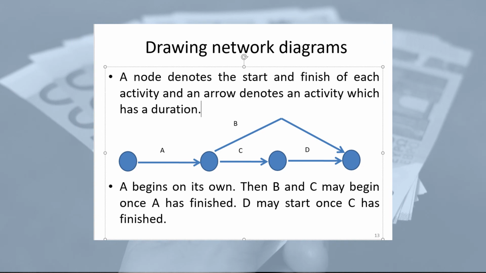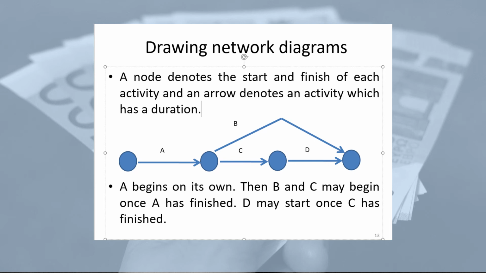So, drawing a network, we use nodes. In the video you heard about nodes: a node denotes the start and finish of each activity, and an arrow denotes the activity, which has a duration. We move from left to right. We don't move from right to left. We move from left to right always, and it begins on its own.